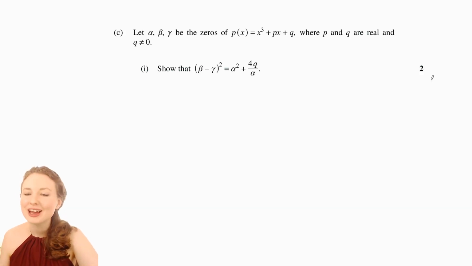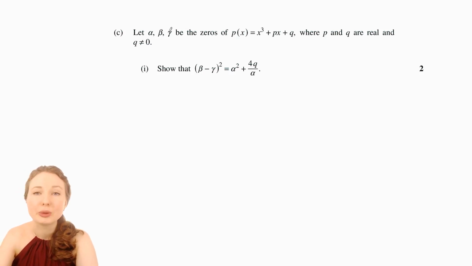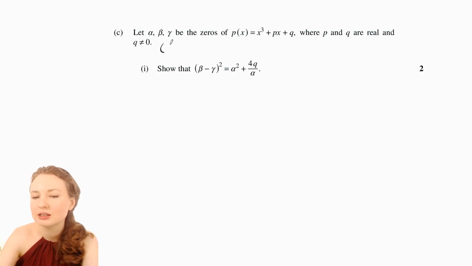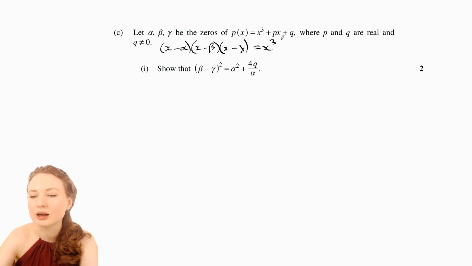Part C. Let's start by working out the relationships between alpha, beta, gamma and these coefficients. If you forget how to do that, you can always go back to saying that it's x minus alpha, x minus beta, x minus gamma, and then if you expand that, you get x cubed. The x squareds, there's going to be negative alpha minus beta minus gamma.